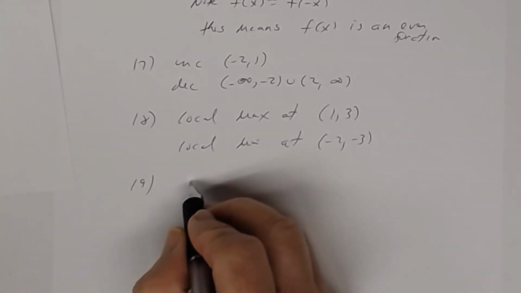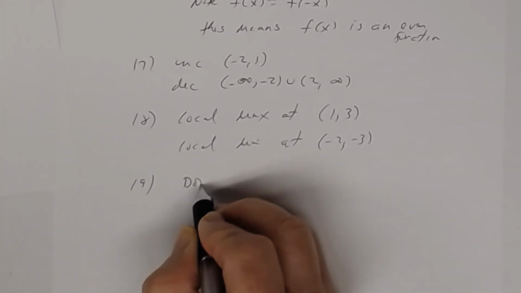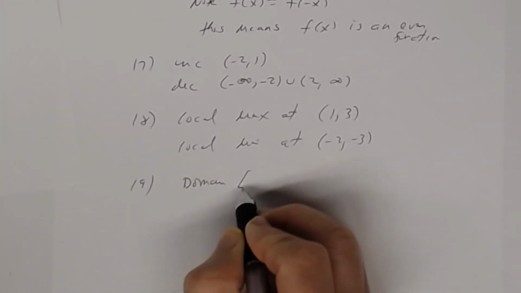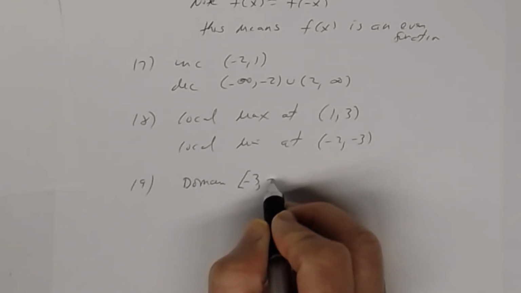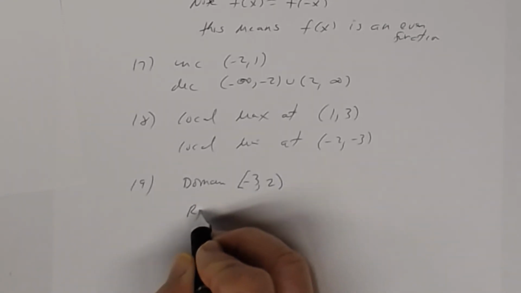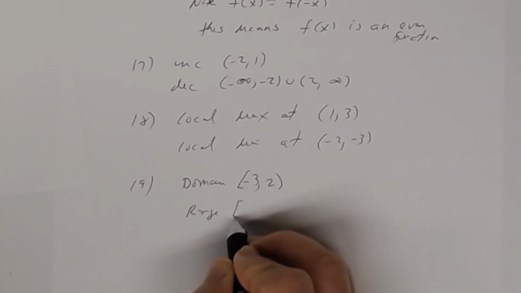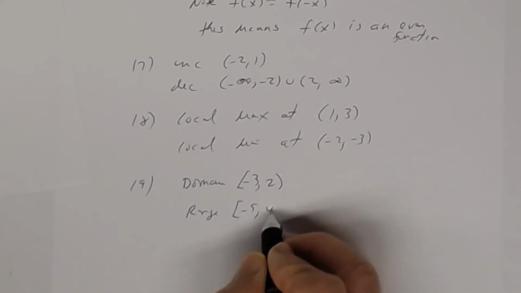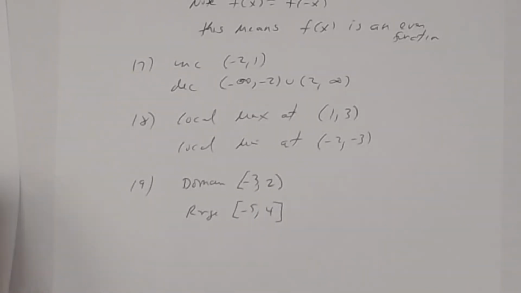That is the answer to number 19. The domain is bracket negative 3, parenthesis 2, and the range is bracket negative 5 to 4 bracket. Okay, so that was the key to test 3.